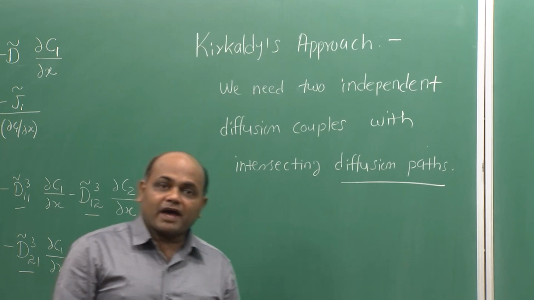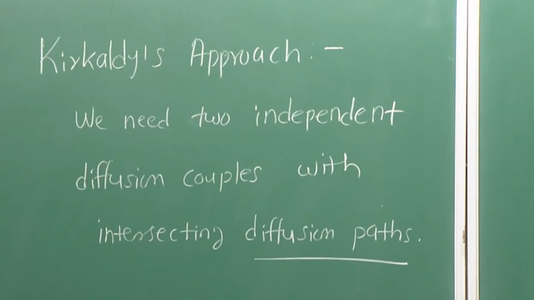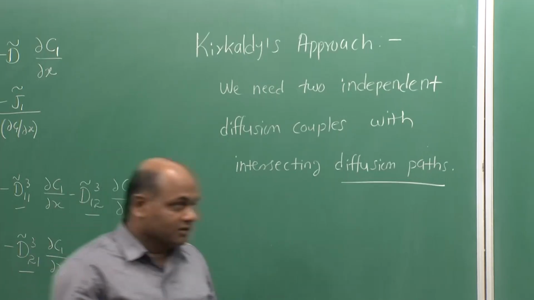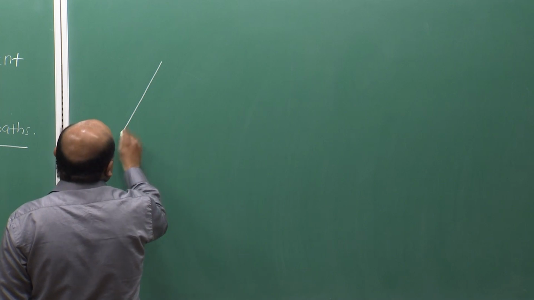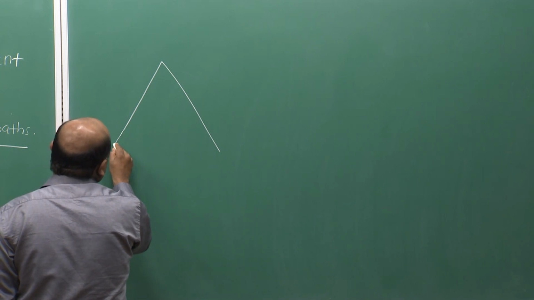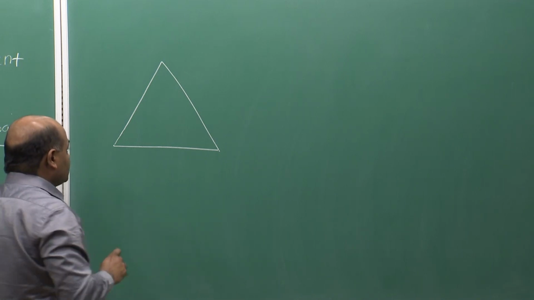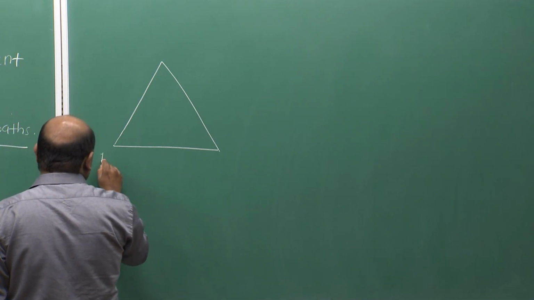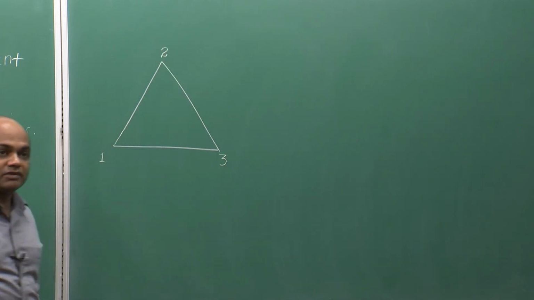A diffusion path, simply speaking, is the sequence of compositions that develop within the diffusion zone of a couple plotted onto the isotherm. So, if we consider a ternary isotherm, it can be represented by an equilateral triangle which is referred to as Gibbs triangle. So, the three corners of the triangle represent 100% of the three elements 1, 2, 3.